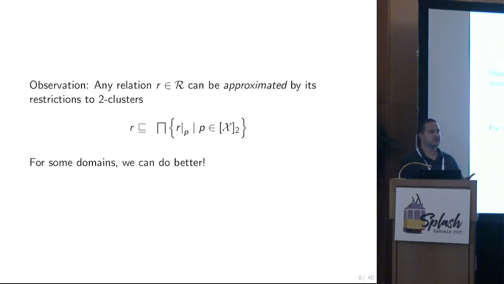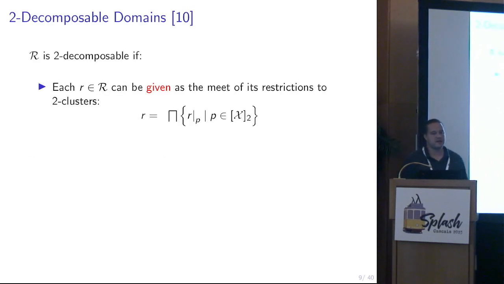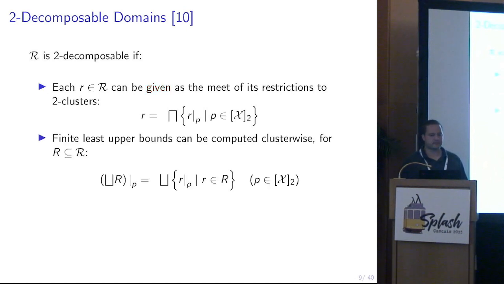For some domains, however, one can do better. Namely, there are domains where one can give all values of the domain exactly as the meet of these restrictions. So one doesn't lose anything by considering only these restrictions to 2 variables. This we dubbed 2D decomposable. This is the first property, and the other property that one needs for a domain to be 2D decomposable is that all the finite least upper bounds can be computed cluster-wise.